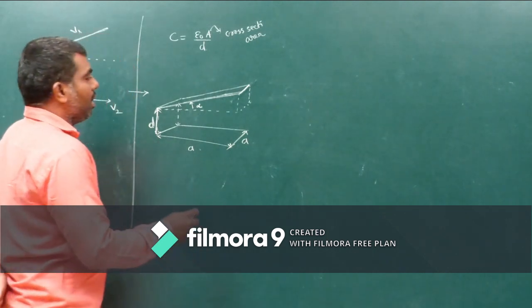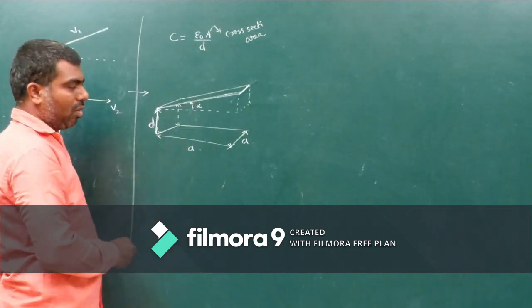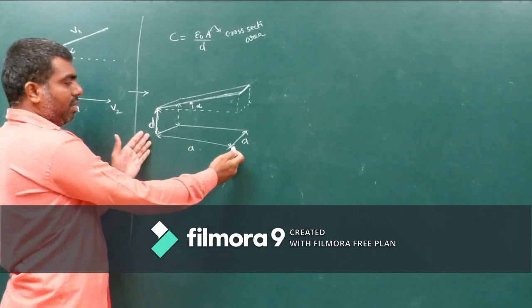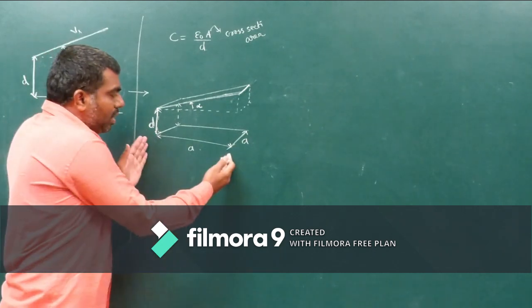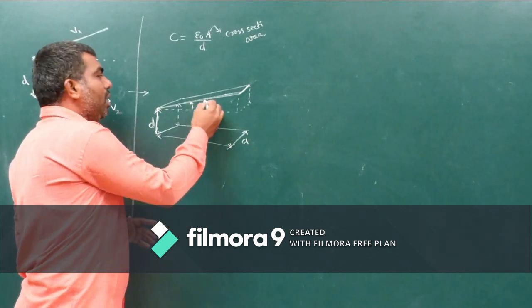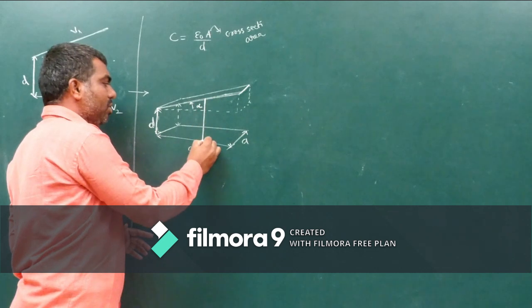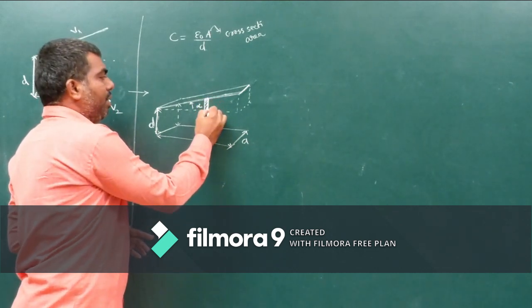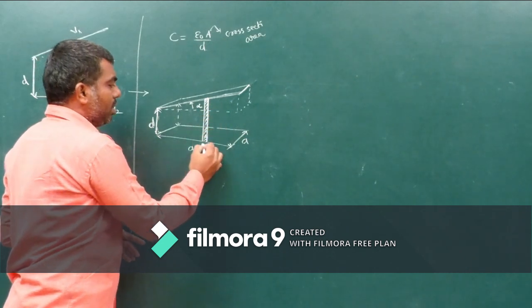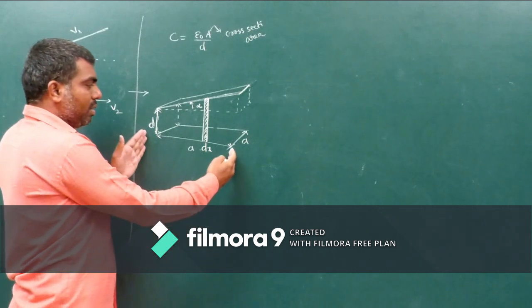Here, let us take a smallest width out of the total. From here to here, the width is A because it is nothing but length. Out of this length, let us take a very small thickness, a very small value, of dx width from the total length.